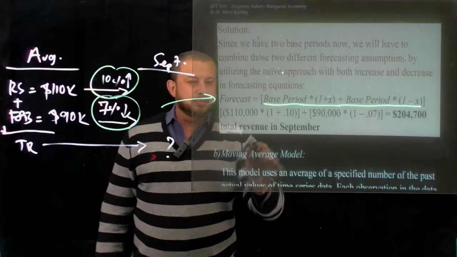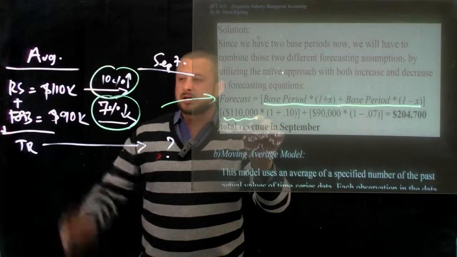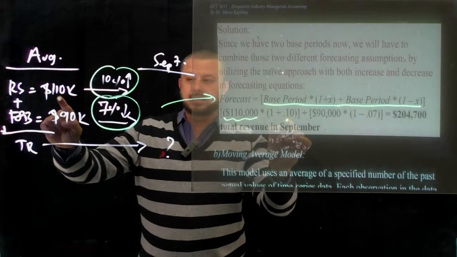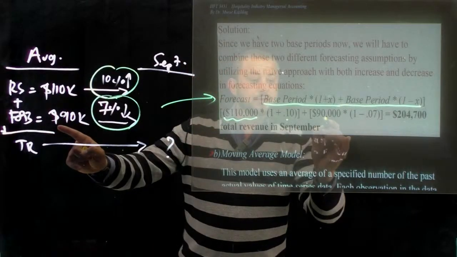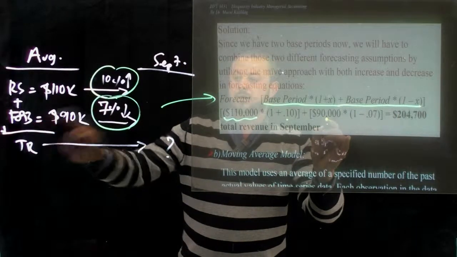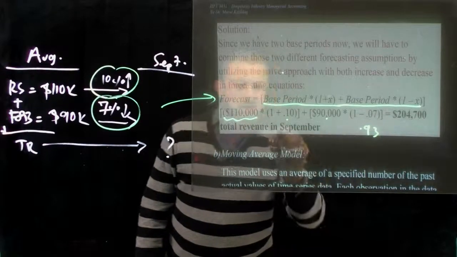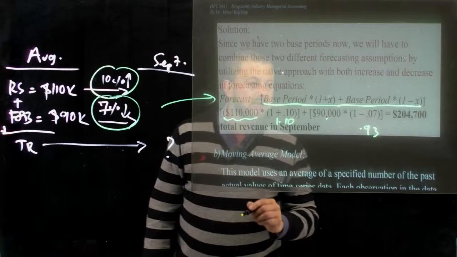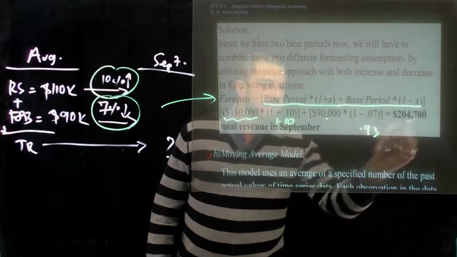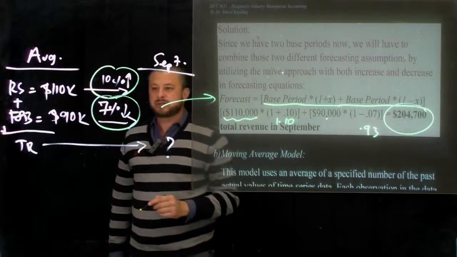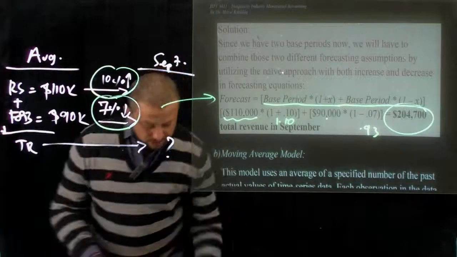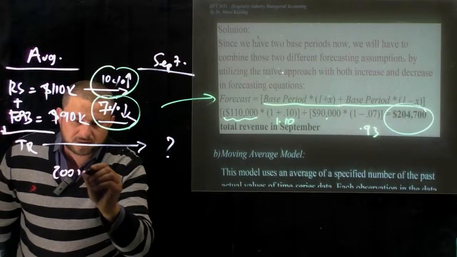Therefore, let's plug in the numbers. For room revenue, $110,000 base period revenue plus 10% increase, great. Plus, for the F&B revenues, 90 grand over here, minus 7% decrease, 0.93 here, 1.10 over here. When I do the math, guys, I will have 204,700, because it was $200,000 before the forecast.